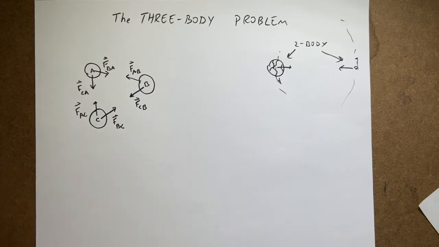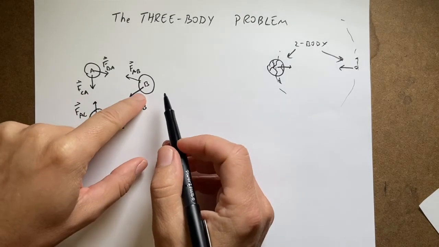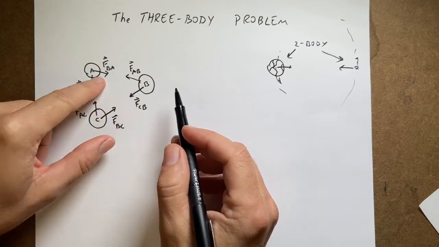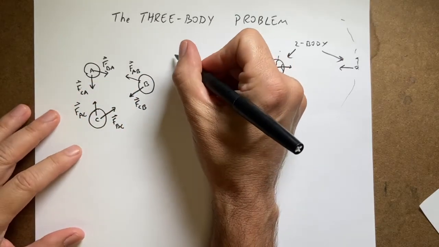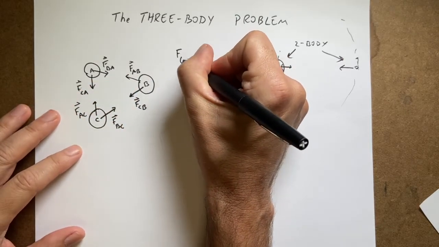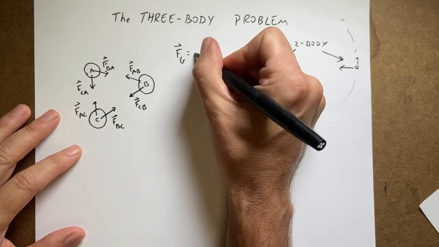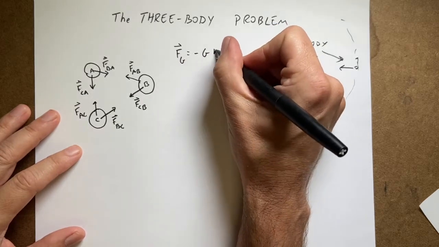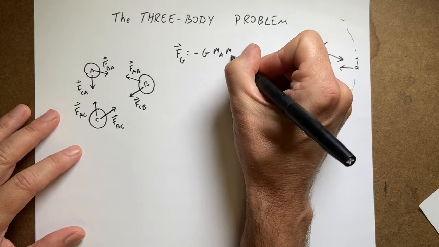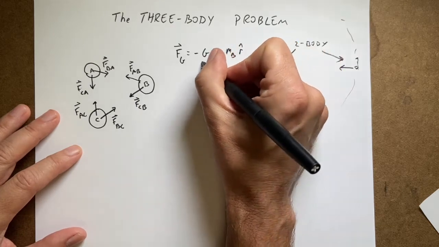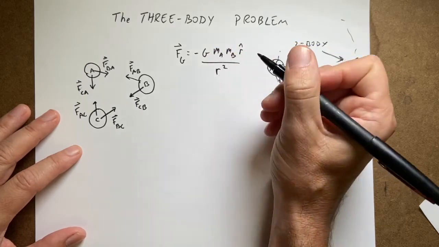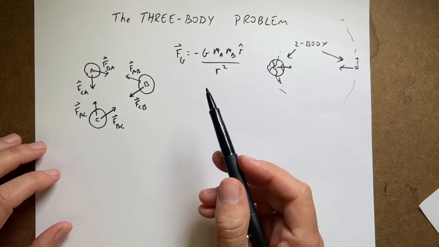Okay, so let's make sure that we understand what's going on. So I'm going to assume that there is a gravitational force between these two objects, where I will use this: Fg equals negative G m_a m_b r hat over r squared. And the negative just means it's an attractive force.